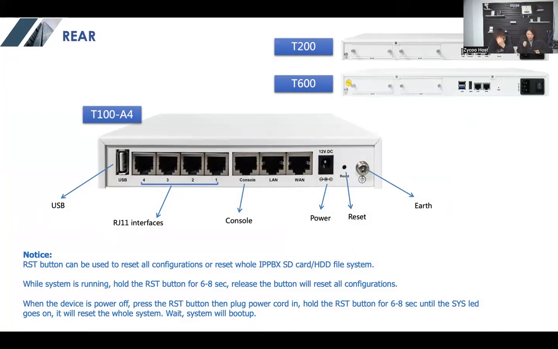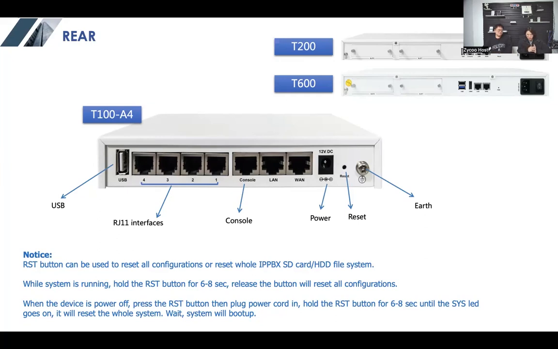You can use it if you're using a T100, since it has the 8 gigabyte SD card built in. If you need to save any recordings, or you need to upload any music or programs onto your PBX, you will definitely need an external USB. So that is the part where you will be connecting your USB with the PBX.